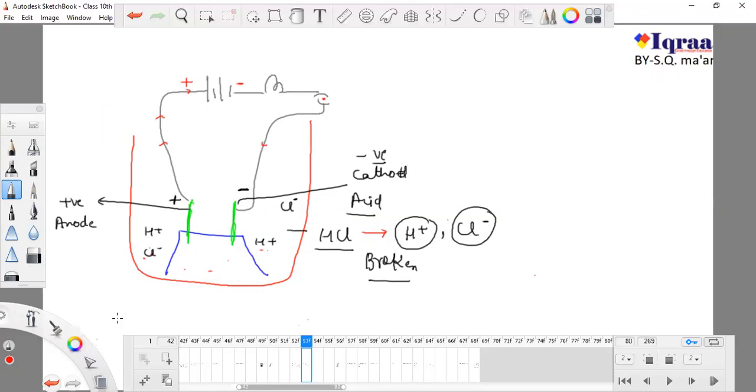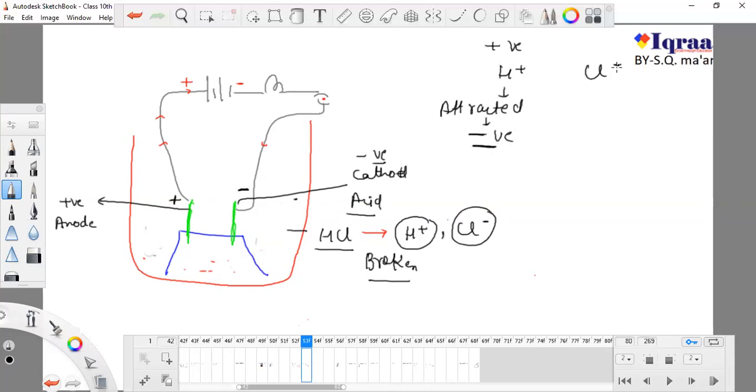As soon as we conducted electricity, the path of electricity is on. Now look what happened. There are so many hydrogen ions and so many chlorine ions in this HCl solution, because they are broken. As soon as we conduct electricity, what would happen? The H ions are positive and the Cl ions are negative. As they are positive, the H ions get attracted to the negative side.